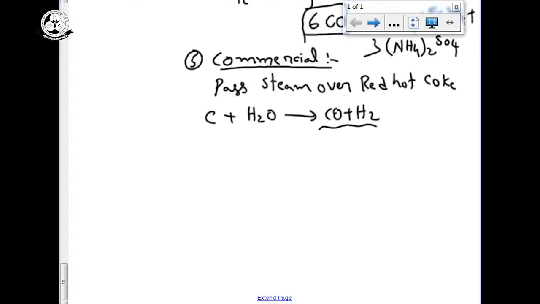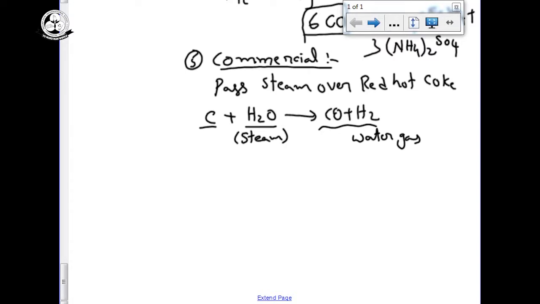The mixture of carbon monoxide and hydrogen gas has another name: it is called water gas. Why? Because carbon monoxide is a gas, hydrogen is a gas, and it comes from water; moreover, it is steam, not water, in the vapor state.